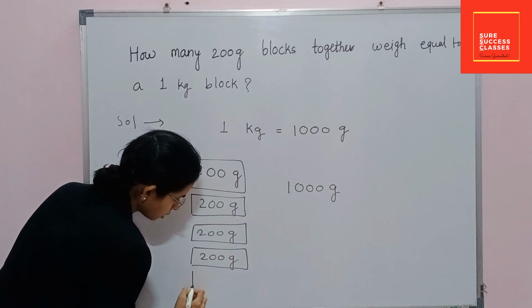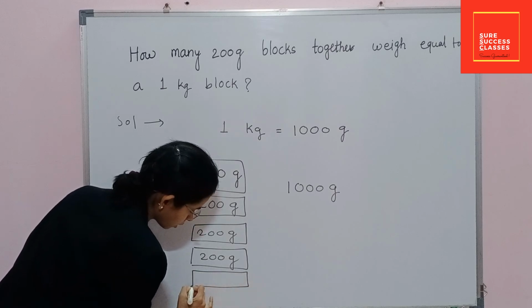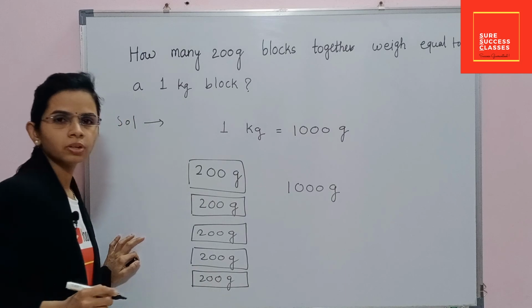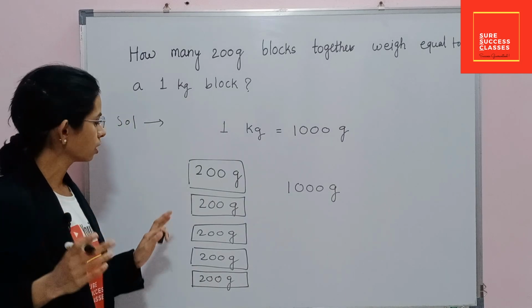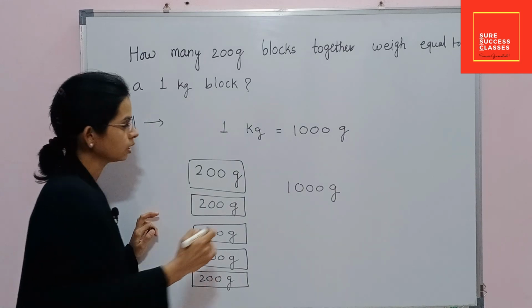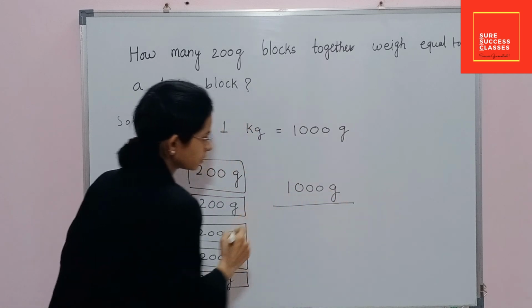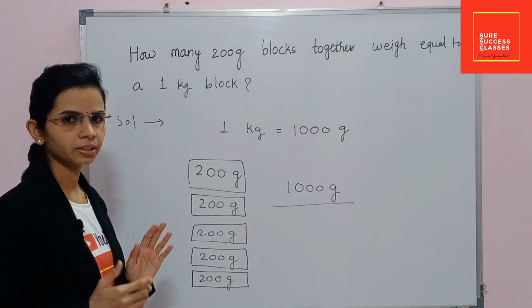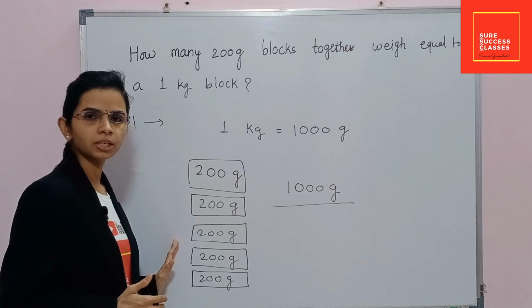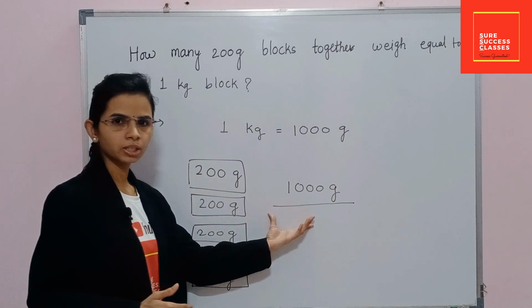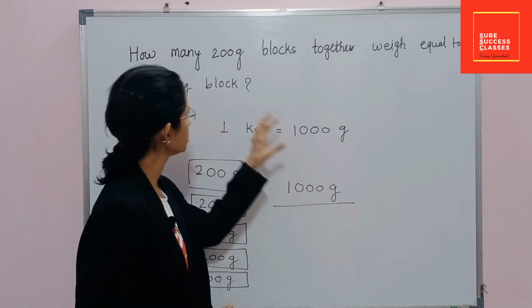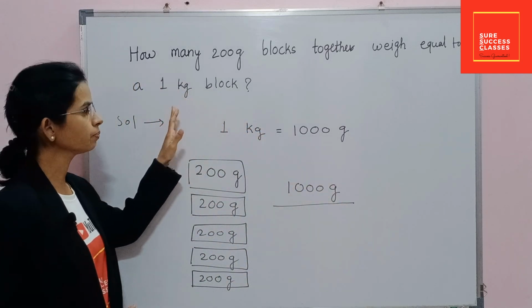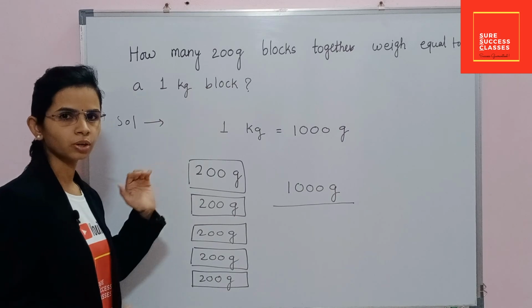So if we add another 200 grams block, then we will get 1000 grams, which is our required answer. So here we have to add 5 blocks of 200 grams each, which will make the weight 1000 grams, which is equivalent to 1 kg. So our answer will be 5 blocks of 200 grams.